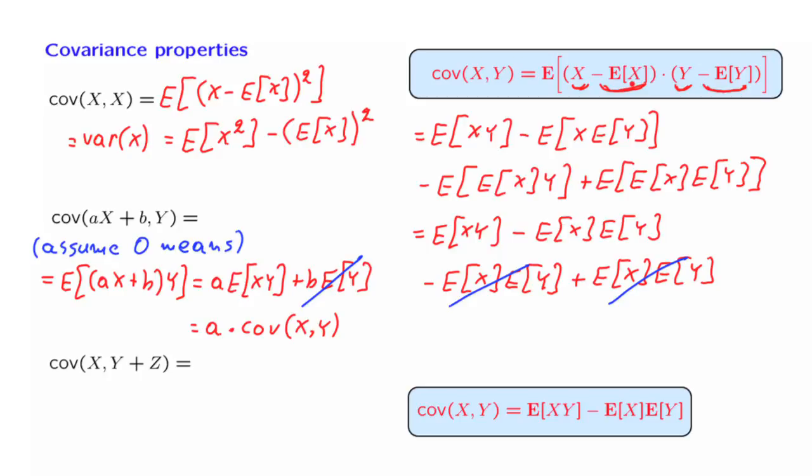As our final calculation, let us look at the covariance of a random variable with the sum of two other random variables. Again, we assume zero means, and so the calculation is as follows.